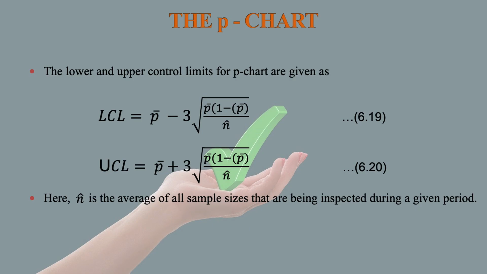Here LCL denotes the lower control limit and UCL denotes the upper control limit. So once you calculate the P bar, you can easily calculate LCL and UCL because P bar and n cap are known. Here n cap is the average of all sample sizes that are being inspected during a given period.